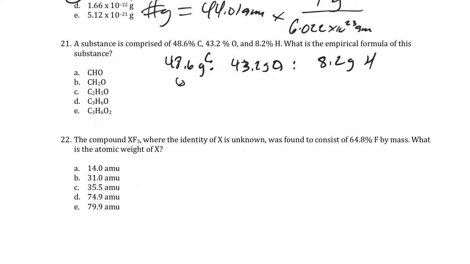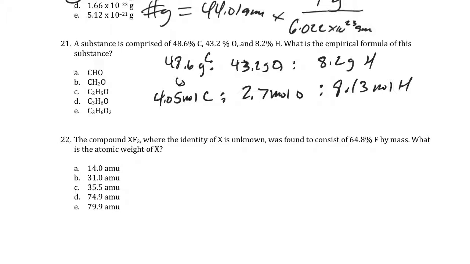And so take 48.6, divide by the molar mass of carbon. So that's 4.05 moles of carbon present to 43.2 divided by 16. So that's 2.7 moles of O, and then 8.2 divided by 1.008, that is 8.13 moles of hydrogen. Identify the smallest, divide them all by the smallest.